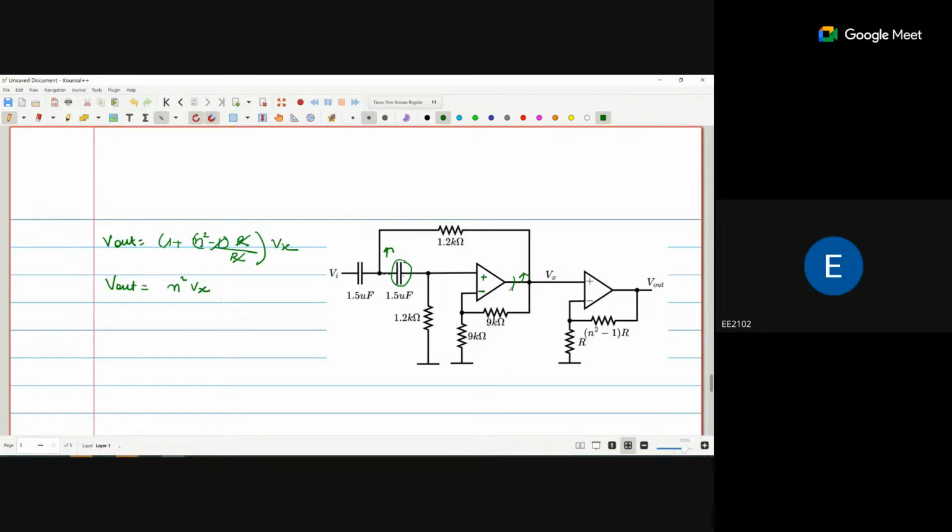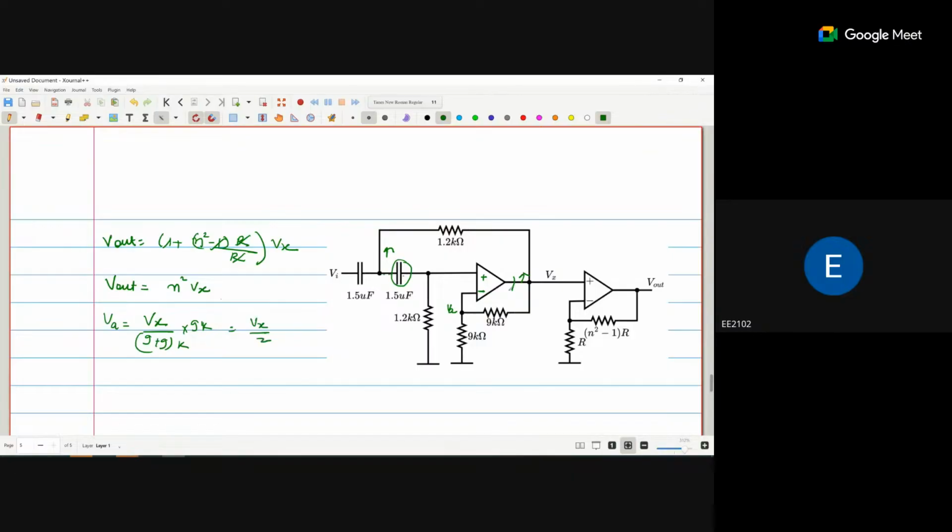If I say this point is VA, then VA is Vx by 2, since Vx times the current is 9 plus 9 multiplied by the 9. So that is simply Vx by 2.